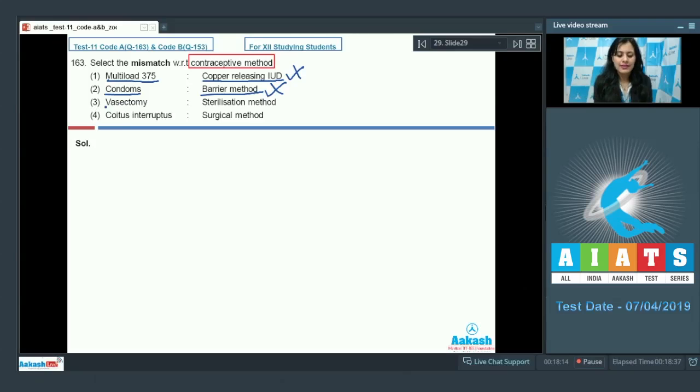The next option is vasectomy and the match given is sterilization method, and as it is also a correct match, this cannot be a correct answer because vasectomy and tubectomy are sterilization contraceptive methods.